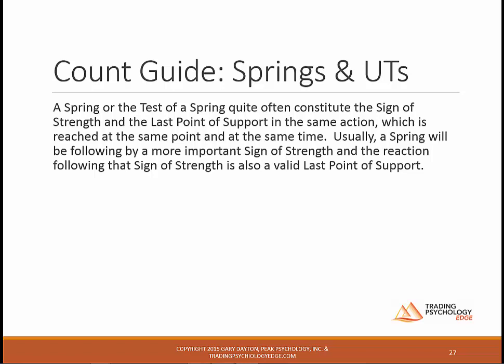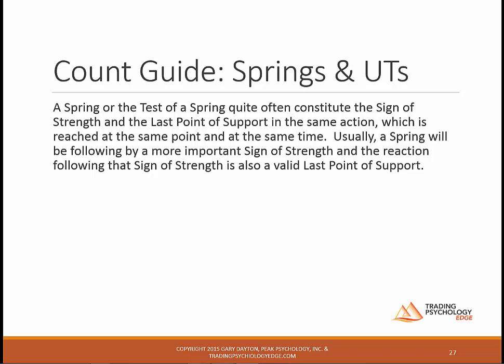So usually a spring or an upthrust will be followed by a more important sign of strength in the case of a spring. And the reaction following that sign of strength is also a valid last point of support. When we're talking about upthrusts, it will typically be followed by a more important sign of weakness. This is really important, okay?